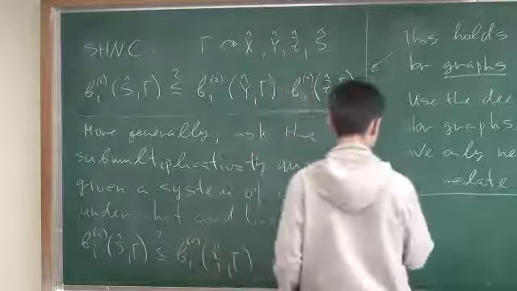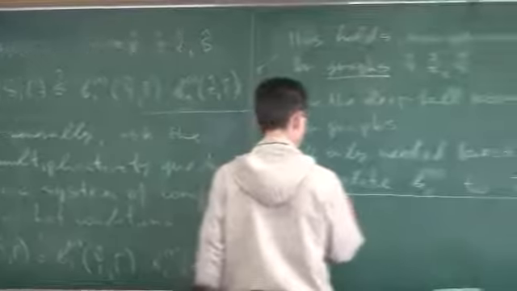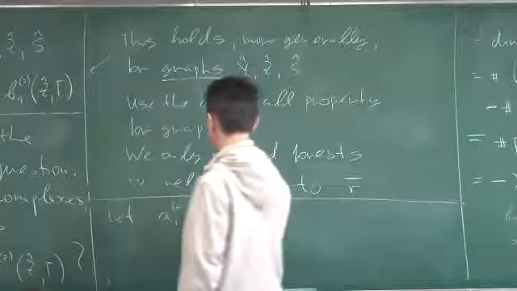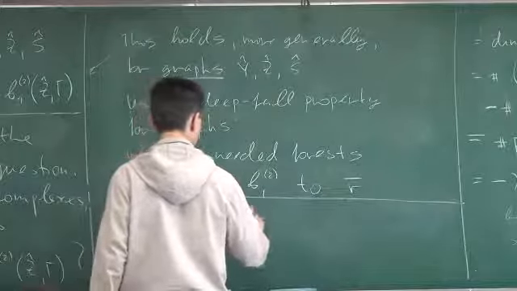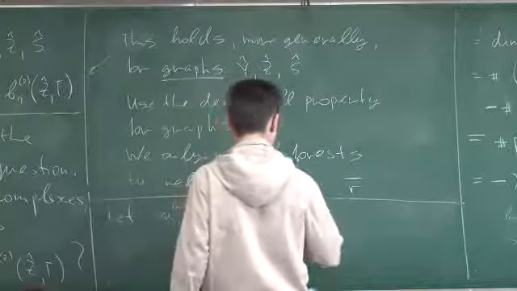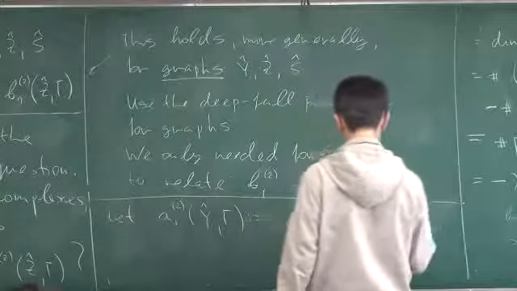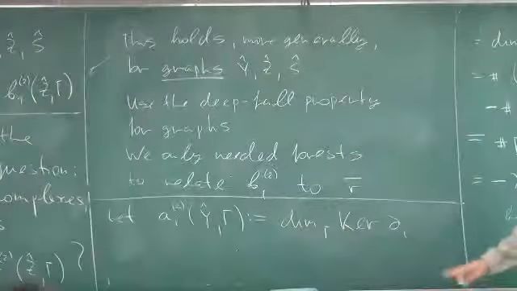So let A_i of Y hat gamma be the dimension of the kernel of the boundary map in dimension i.